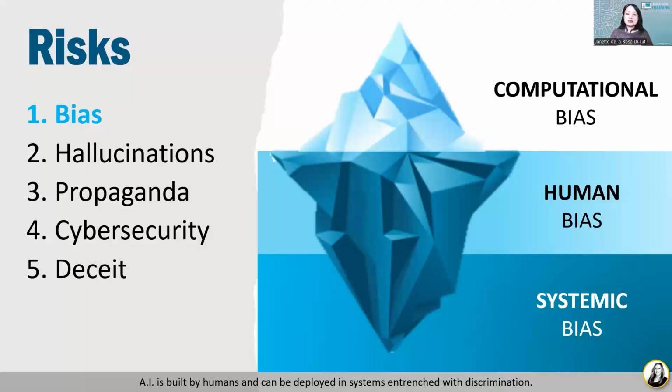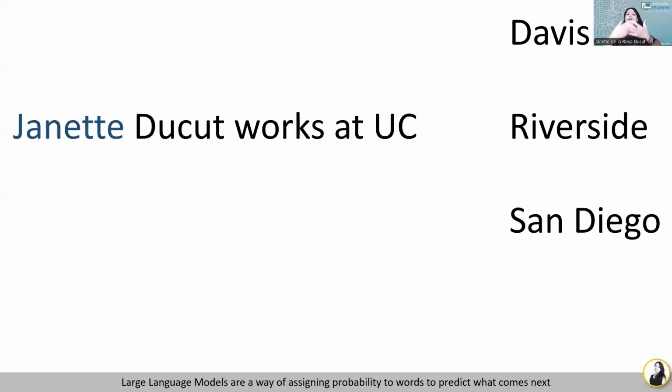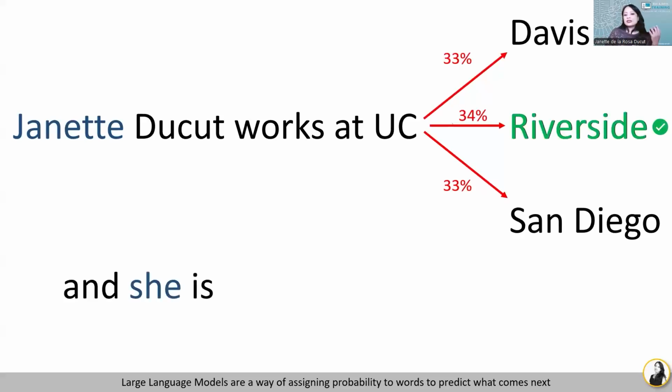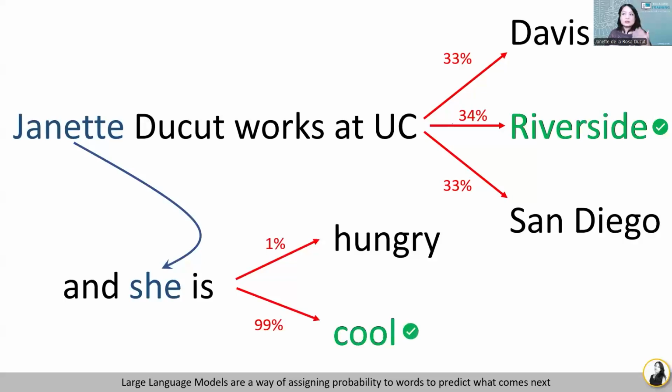And then it is very deceitful because you can use AI to trick humans. And here's why. A really good way to look at artificial intelligence and large language models is, all AI is, is using math to assign probability to words. So AI assigns probability to words so that it'll give you back what you want to see next, either in words or images and videos and even music.